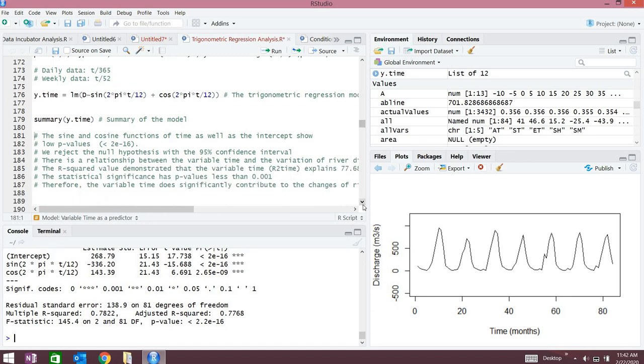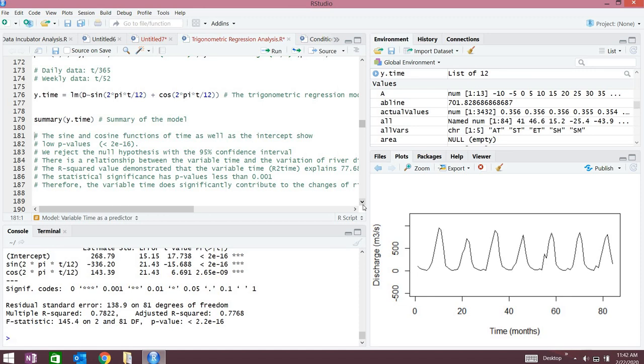So based on this, we can say that we reject the null hypothesis, because with the statistical significance shown here for the p-values, the variable time does significantly contribute to the changes of river discharge. So we cannot ignore it. We cannot say that time, the fluctuation or the changes of the seasons here, doesn't impact our outcome or response variable.